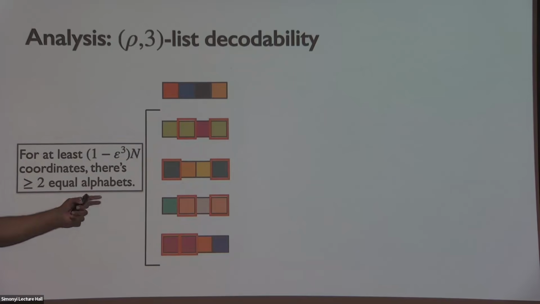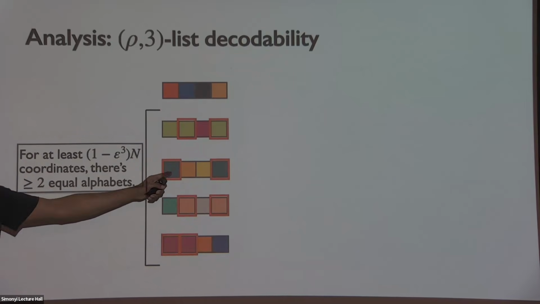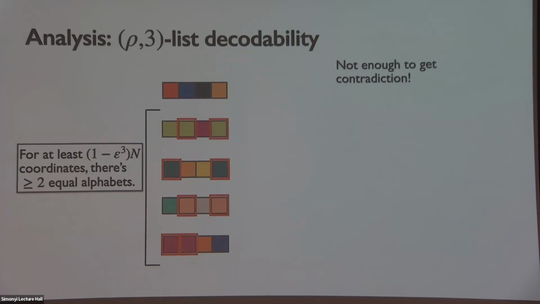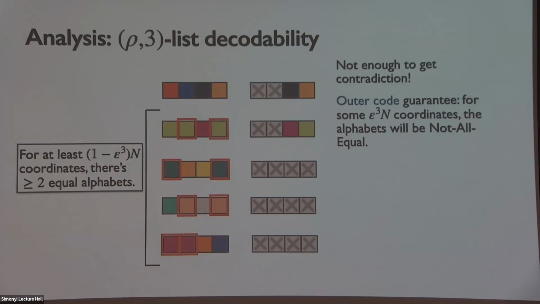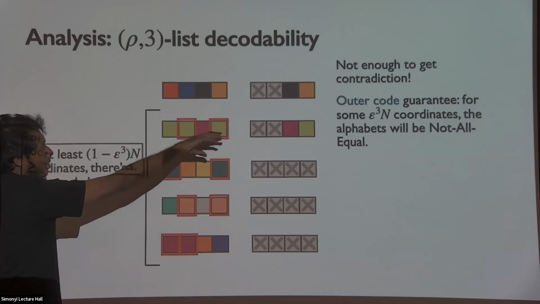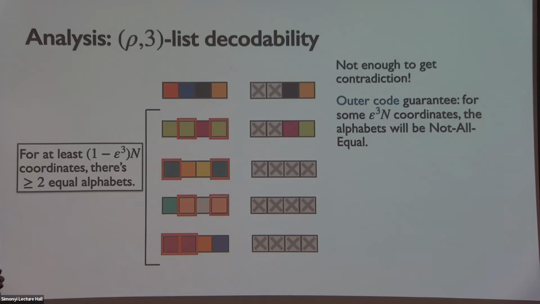But this was enough to get a contradiction before. Now it turns out it's not enough, because when you go to the outer code, you'll see that there's two equal alphabets for every one of these coordinates. But it's not enough to get a contradiction because the outer code guarantee is very weak. The guarantee only says that for some epsilon cubed n coordinates, the alphabets will be not all equal.